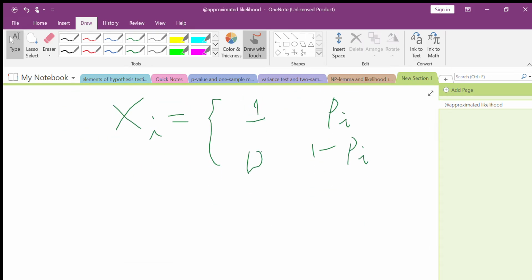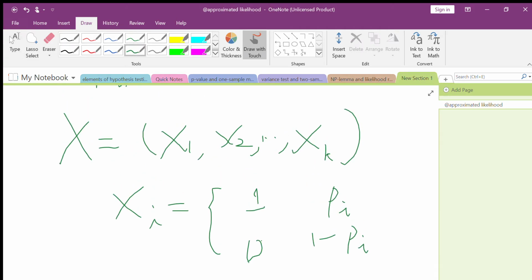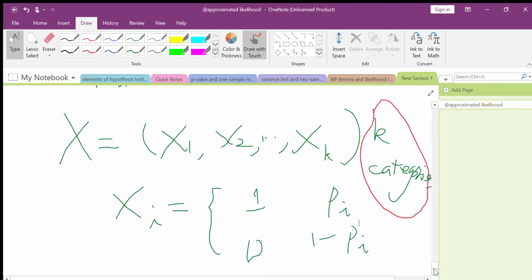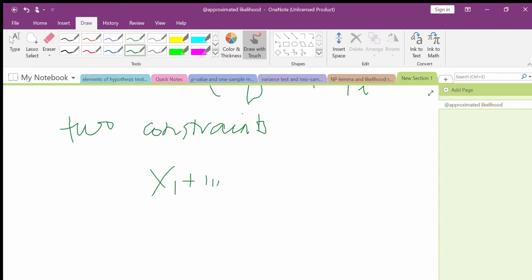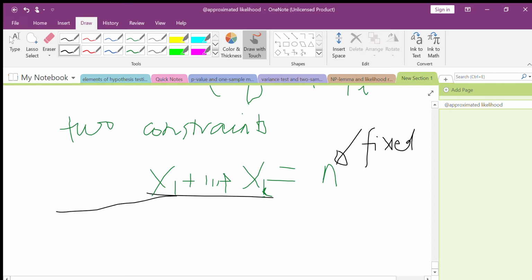And so the key here is K categories. And we have two constraints. First, for capital X1 through XK, these are all random variables, but we need to make their summation fixed as small n.